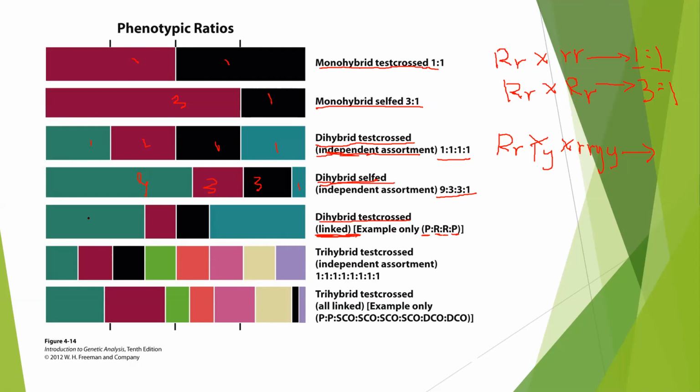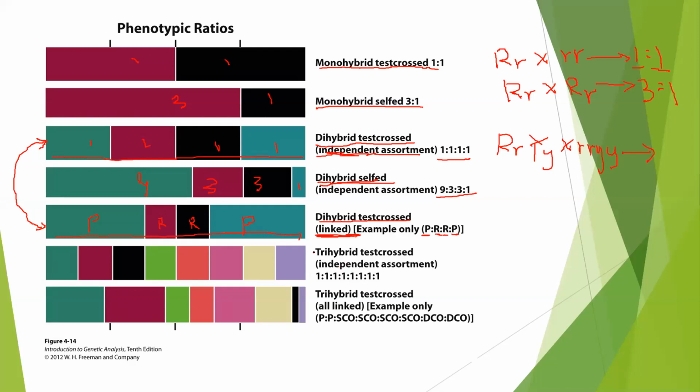You're going to see 2 categories with much more progeny. That's the parental type. And you're going to see another 2 categories with much less progeny. That's the recombinant, right? So this is for the linked genes. If you see the difference between here and here, then you can immediately conclude: this is independent assortment, unlinked genes, and this is linked genes, right?